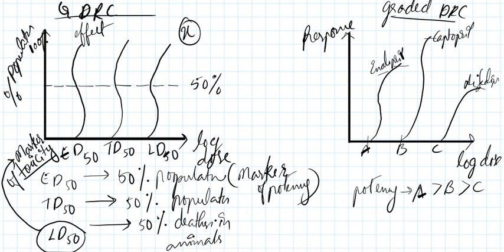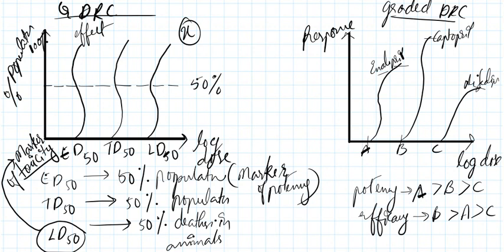But if you ask me efficacy, what is meant by efficacy? The maximum effect. A drug which can produce the maximum effect has maximum efficacy. So obviously efficacy will be B greater than A greater than C. Taller the graph, higher is the efficacy.